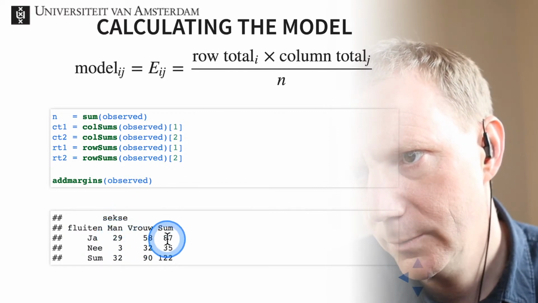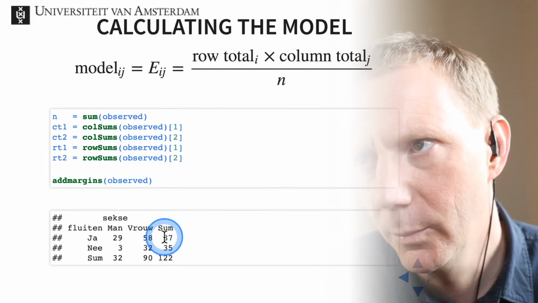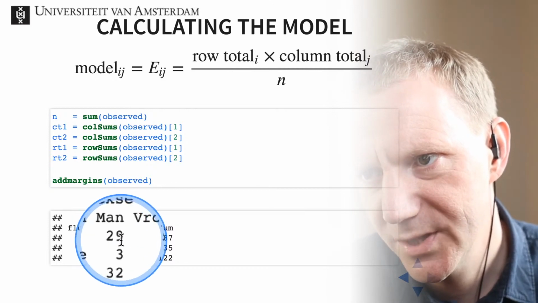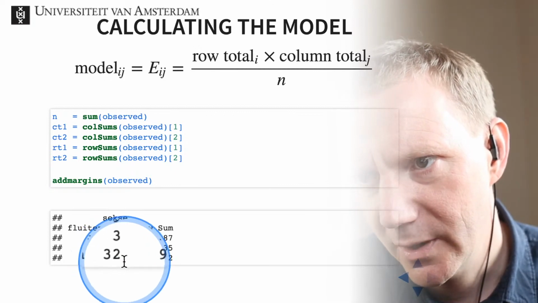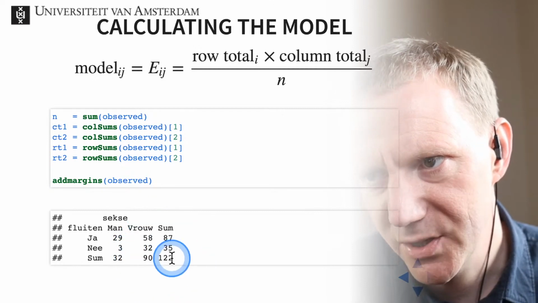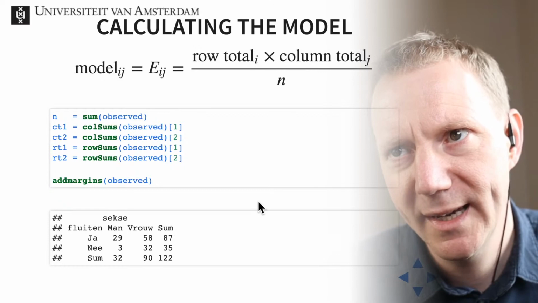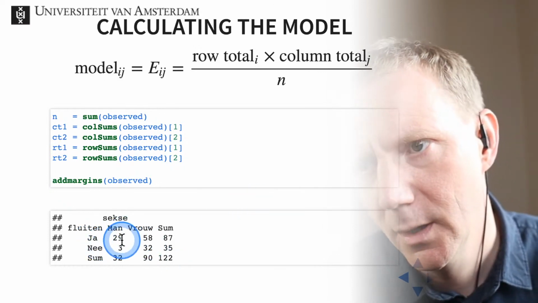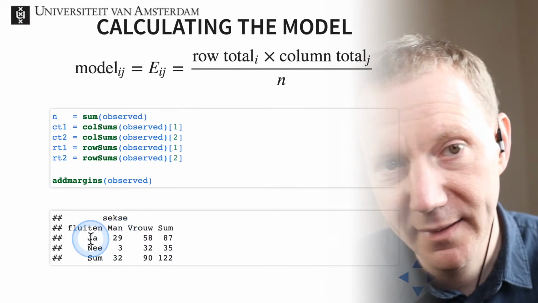Well, this is the row, so I have to look at this one. I have to multiply it by the column total for the cell that I'm interested in, still the males. So that's 32, and I have to divide that by the total amount of observations that I have. And with those two, I get the expected value, the expected frequency for the males that can whistle.